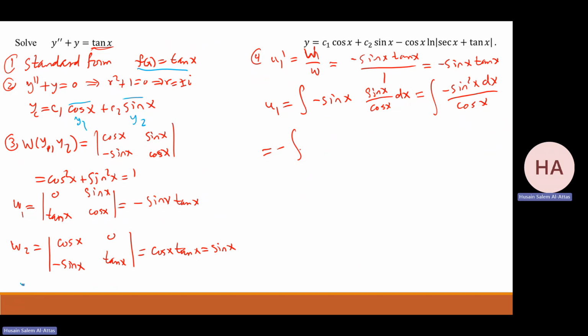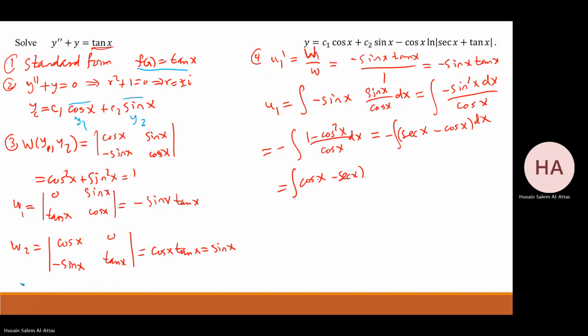Let me take the minus outside. I have 1 minus cosine square over cosine x dx. That will be minus. I have secant, 1 over cosine, which is secant, minus cosine dx. In other words, this is cosine minus secant. That will be what?